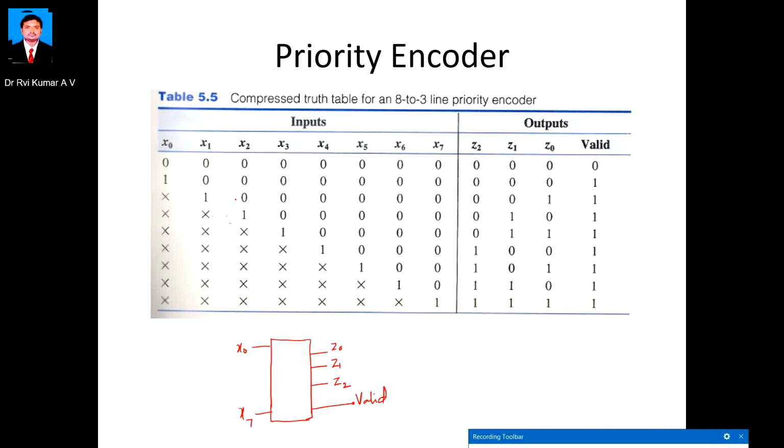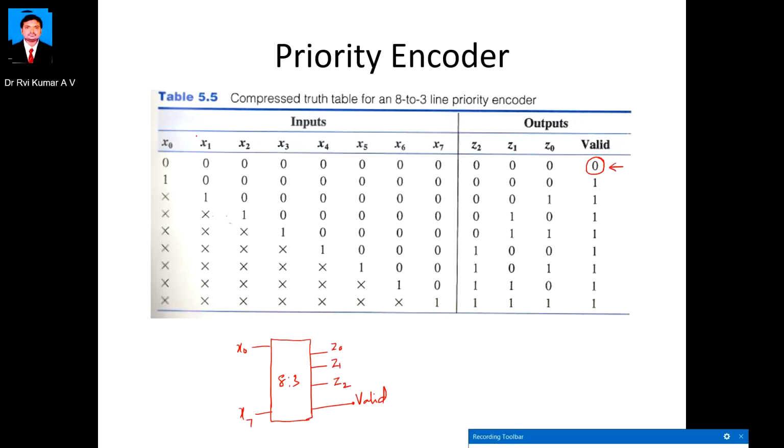For example, if all our inputs are 0, this is not a valid input, so we get valid as 0. It indicates that your input is not valid.